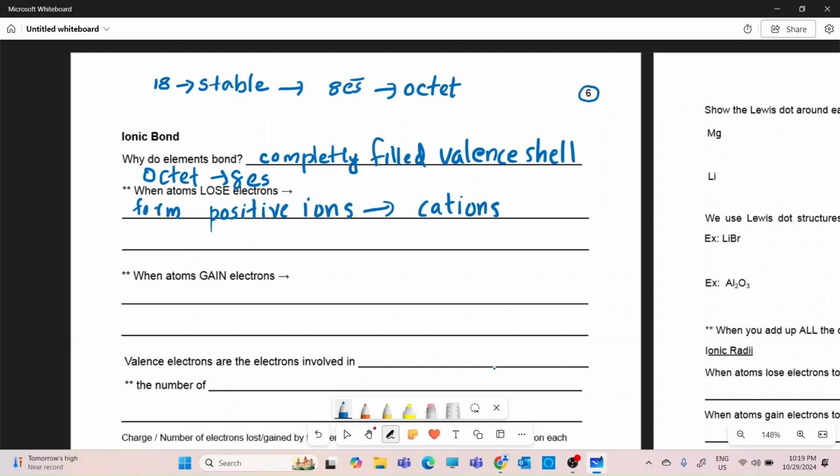An example: sodium, after losing one electron, will form the Na+1 ion. We can call this a cation because there is a positive charge.